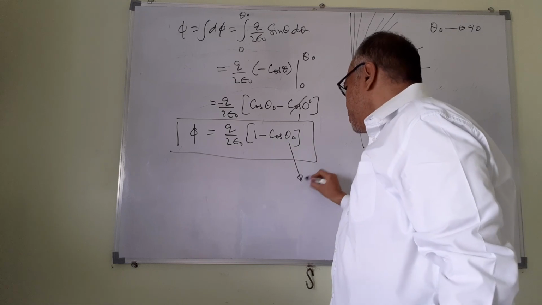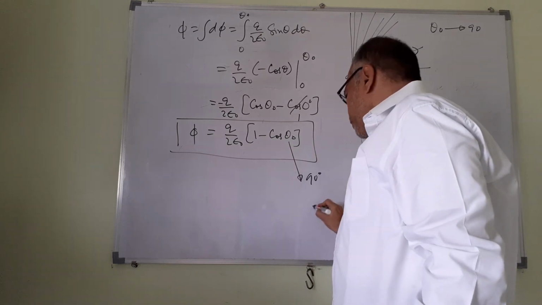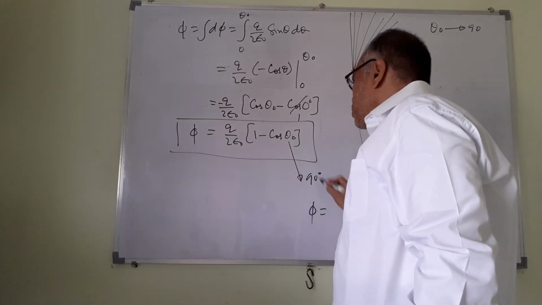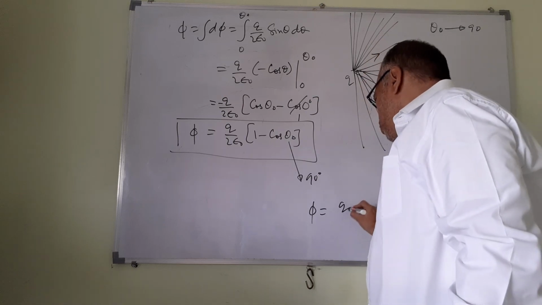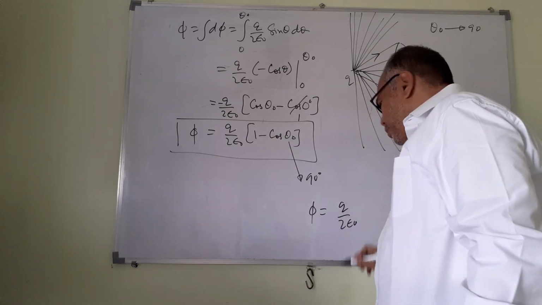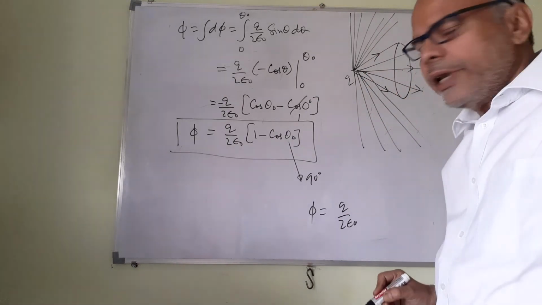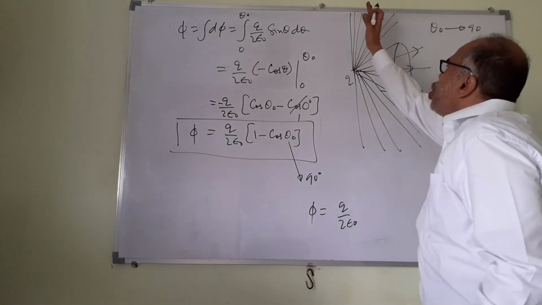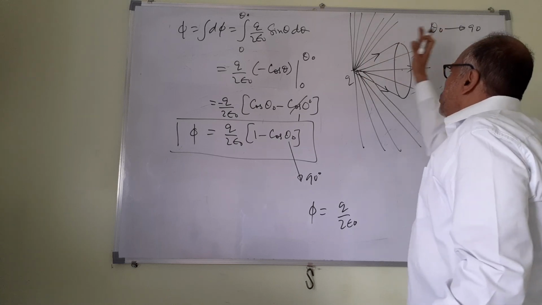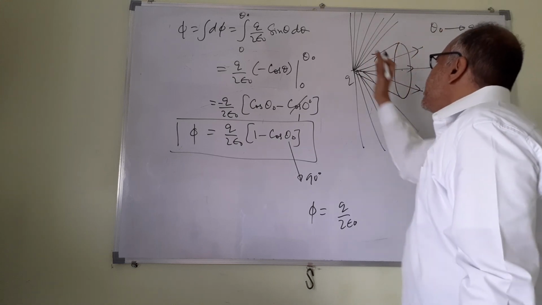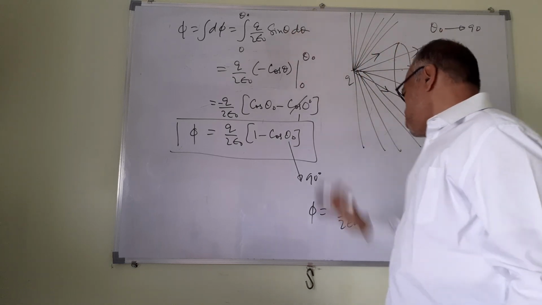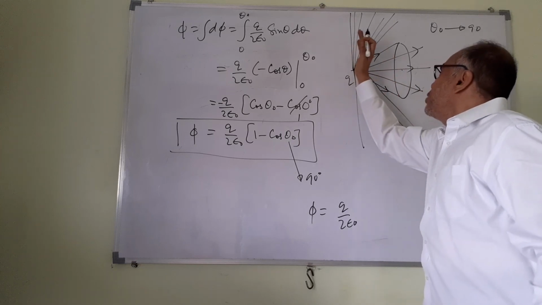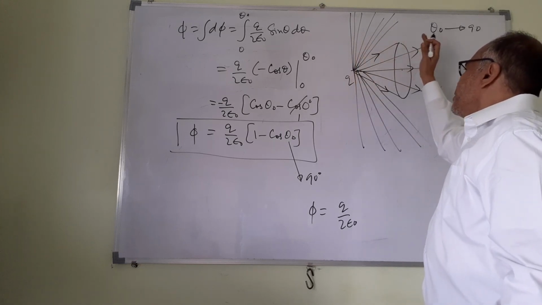So if you put theta naught as 90, cos 90 is 0, and the flux would be q by 2 epsilon naught. Now this q by 2 epsilon naught is on one side, on the right hand side.